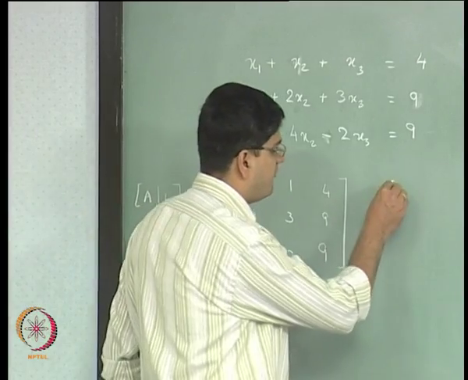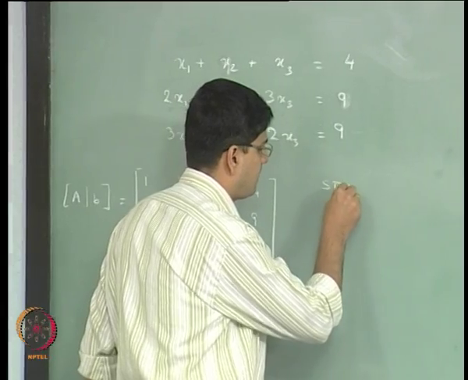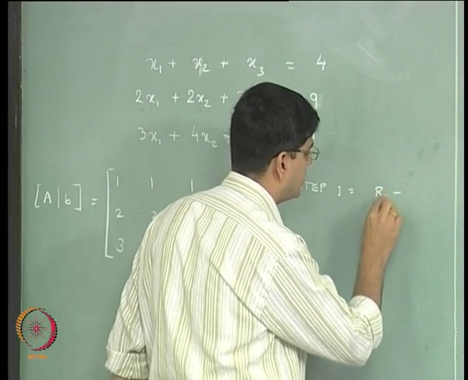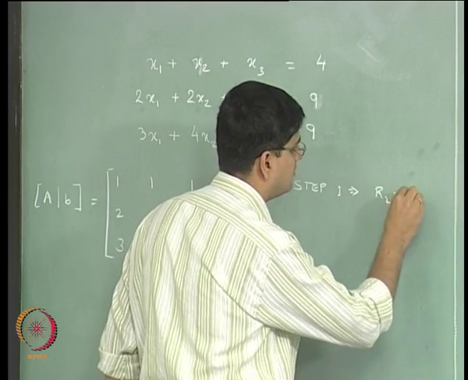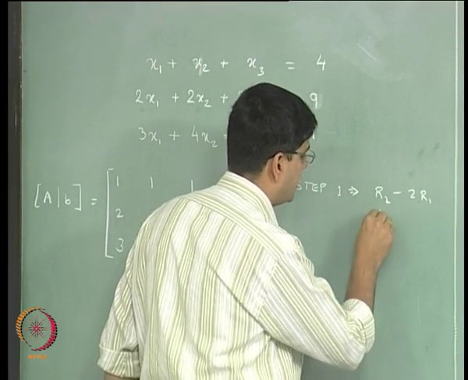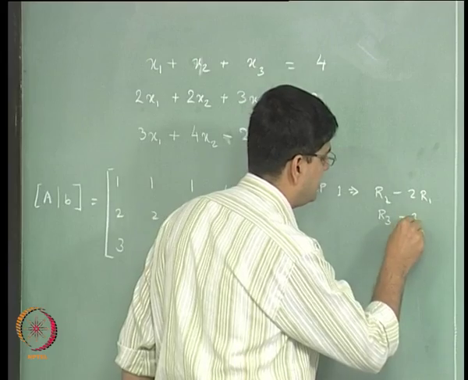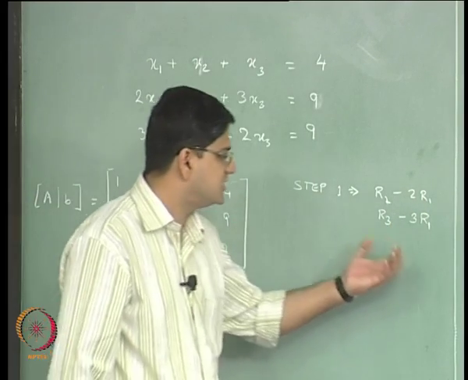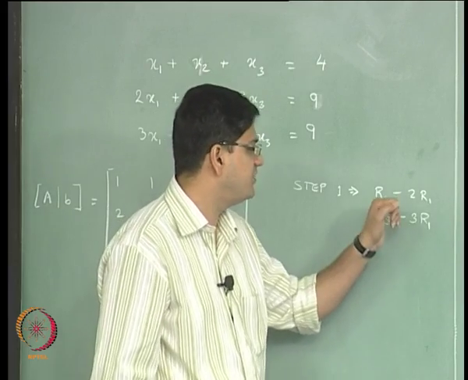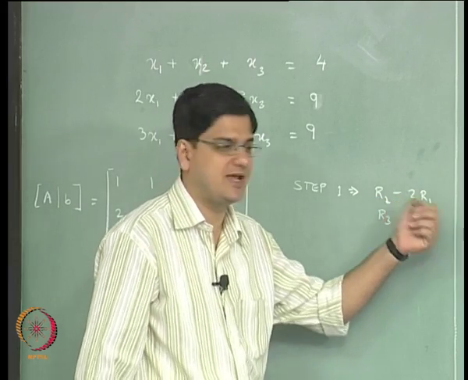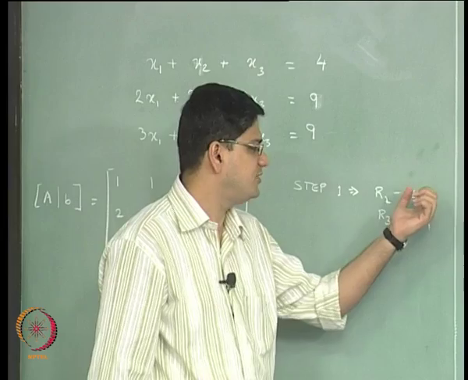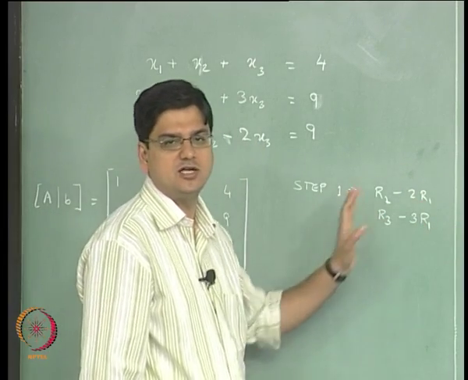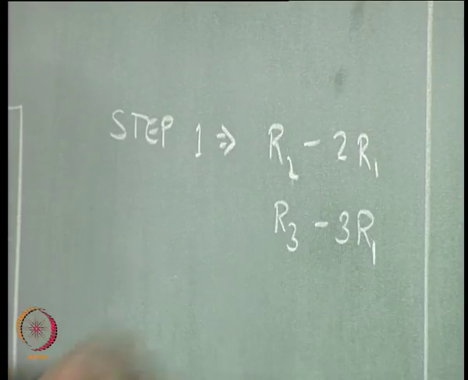So step 1 is going to be R2 minus 2R1 and R3 minus 3R1. Remember, so far we have been writing it as R2 plus negative 2R1, and that is because we needed the alpha values in that form. Right now we are not worried about that, so I am just writing it as R2 minus 2R1.